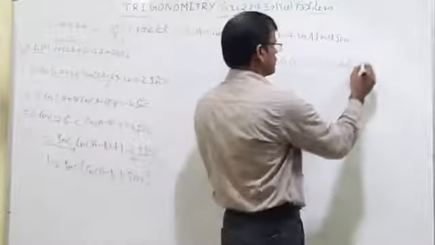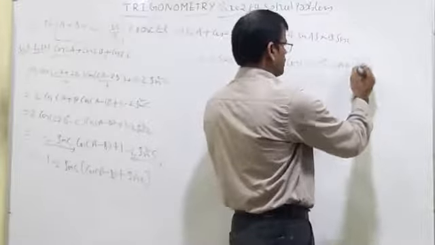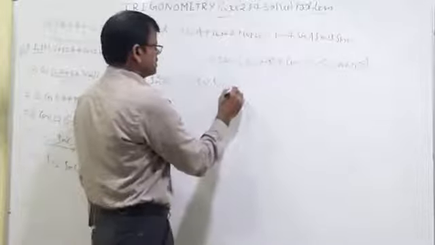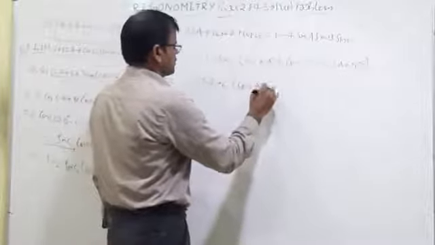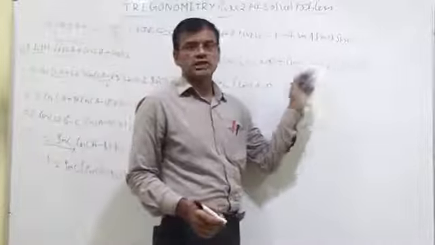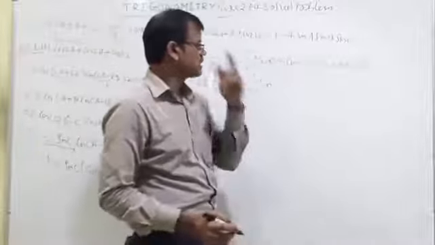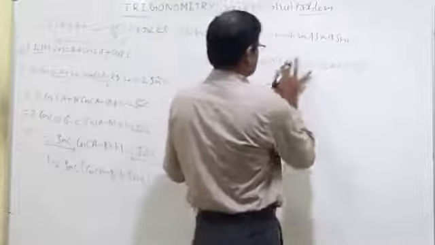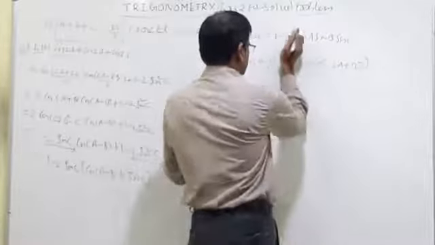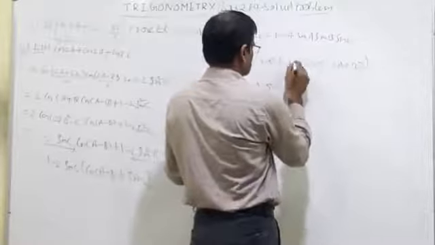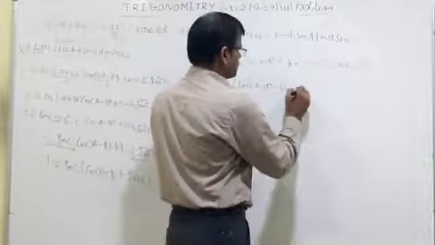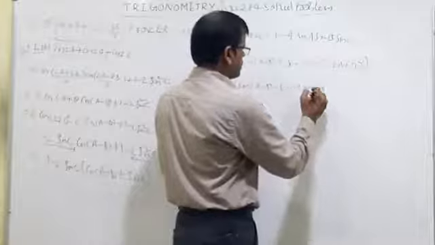Next step: 1 minus 2 sin C into cos of A minus B, and 270 minus theta becomes minus sin theta because it is third quadrant. It is wrong, this is sin, I changed the letter. This is sin, not cos. So in the next step, sin becomes cos of A plus B.